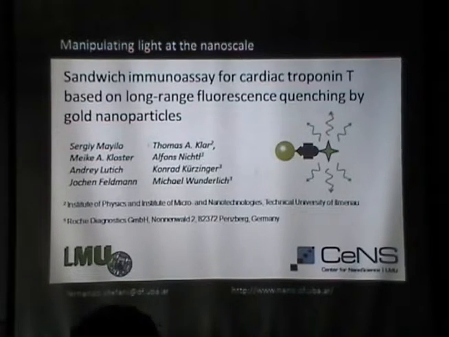So every time the doctors find somebody lying on the floor, they want to check if he had a heart attack, so they make a test of troponin T or some other troponin to check the heart condition.